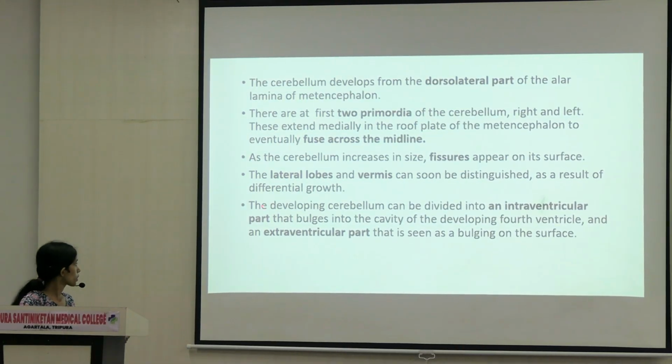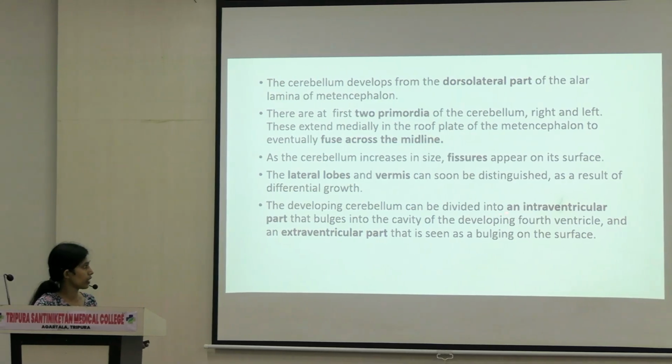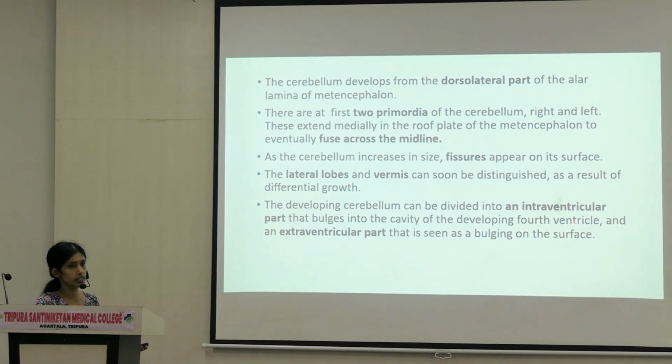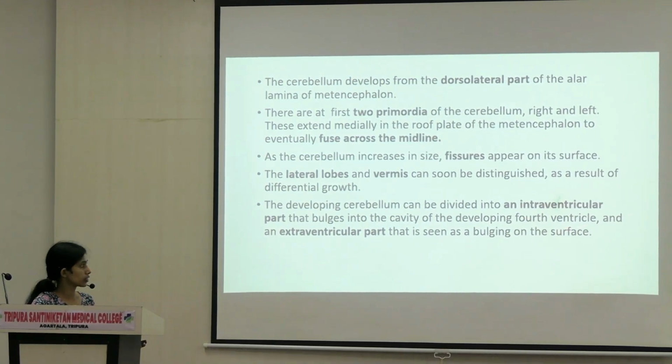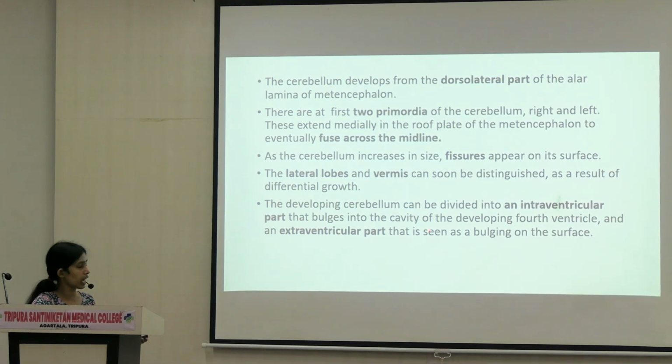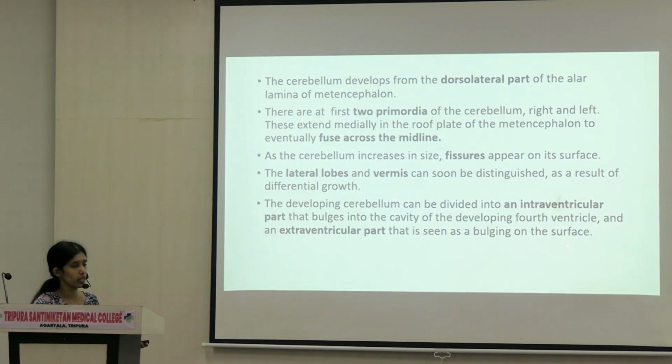Okay. The developing cerebellum can be divided into two parts, that is an intraventricular part that bulges into the cavity of the developing fourth ventricle, and an extraventricular part that is seen as a bulging on the surface area.